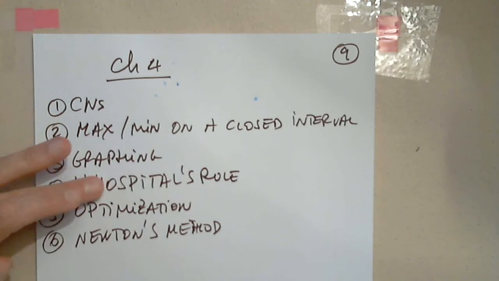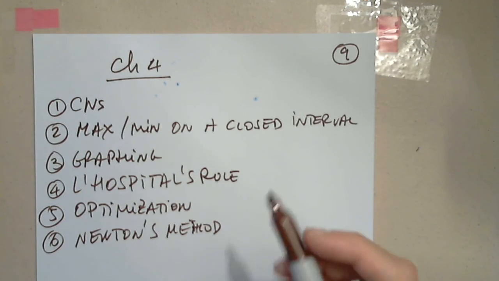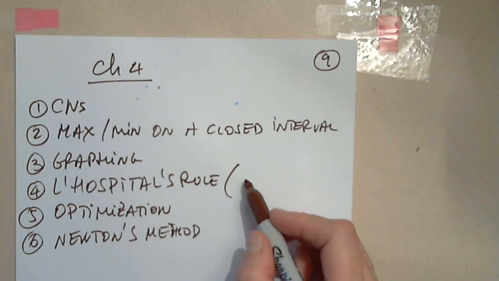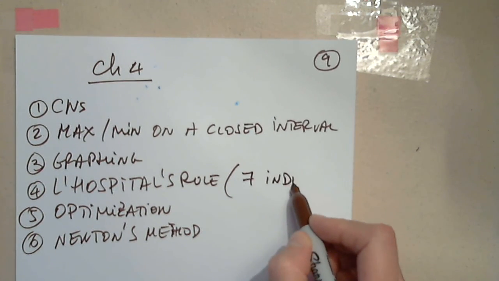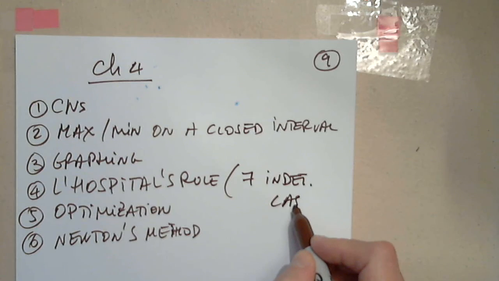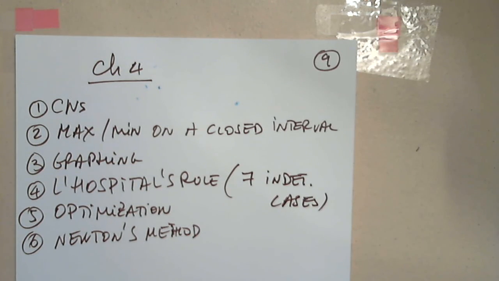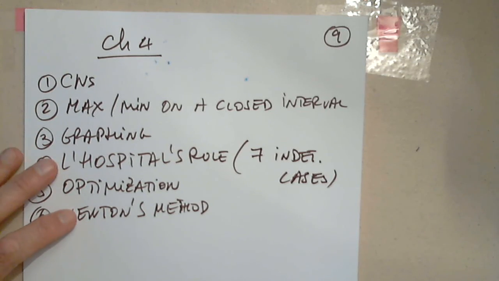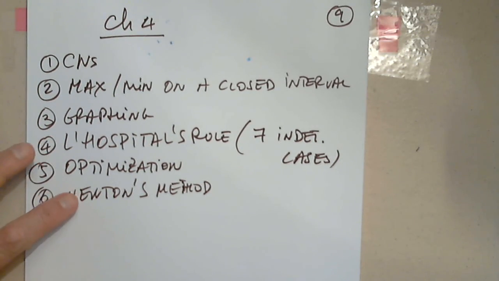L'Hopital's rule includes, again, a lot of topics because it has 7 indeterminate rules. Indeterminate cases, basically 6, but I'm going to say 7. Optimization, we had a lot of examples. We can continue with those. Here we had 3 or 4, or just, I think, 3, Newton's method.